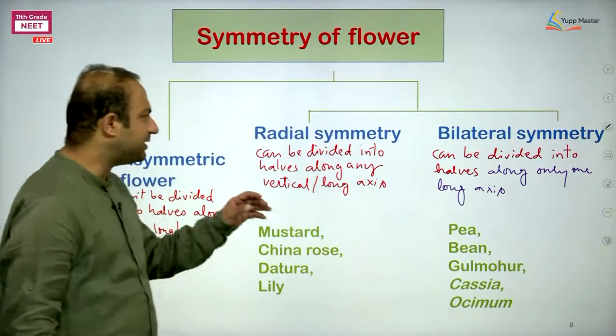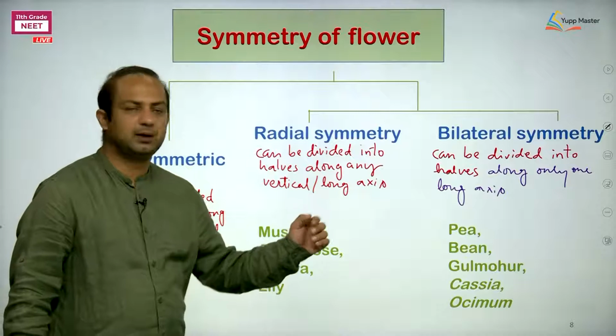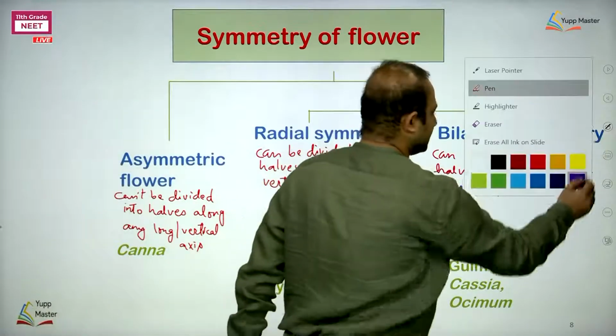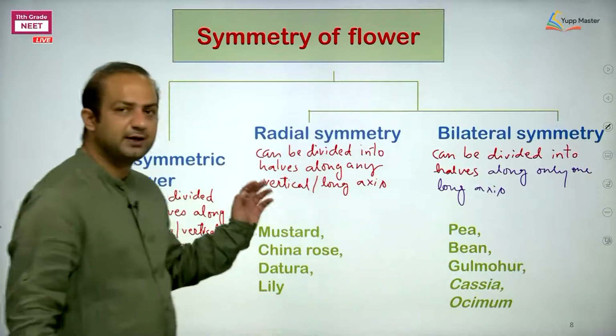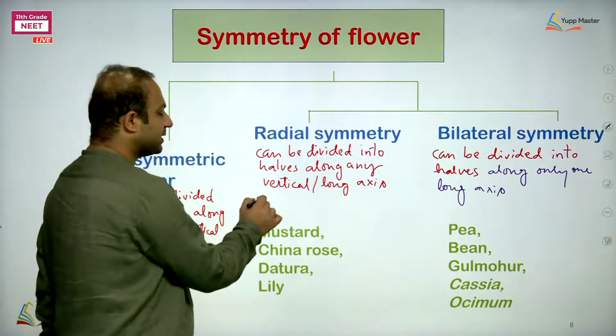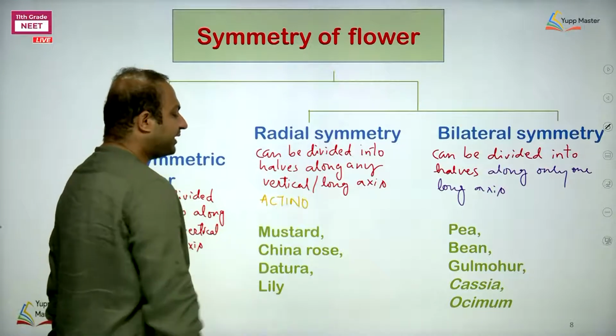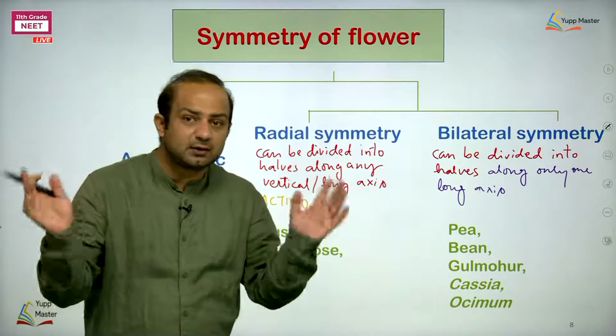So we have other names for radially symmetrical or bilaterally symmetrical flowers. Radial symmetry is seen in actinomorphic flowers. Actino means rays, just like sun rays.